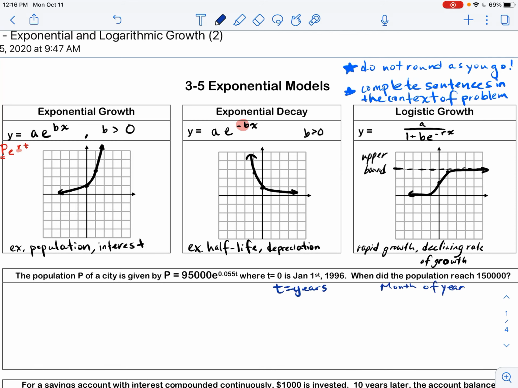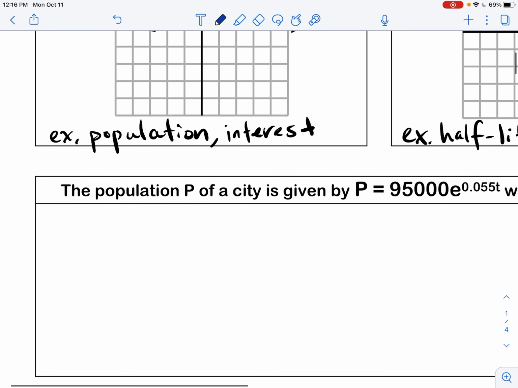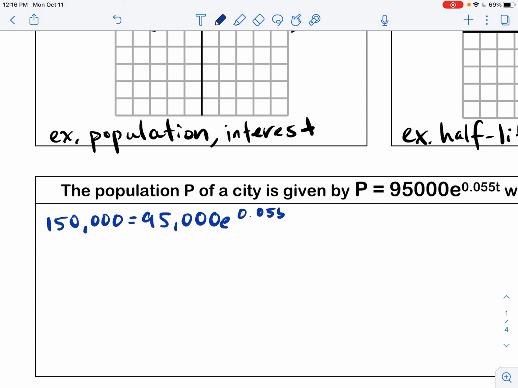Well, if we know our population function and we're trying to see when it's going to reach 150,000, we're effectively solving for t. So let's plug in what we know. So we can say 150,000 is equal to this. And we are going to solve this exponential equation, which we practiced in our previous lessons, to solve for t. This is what we're going to be solving for. So we're going to isolate our exponent.